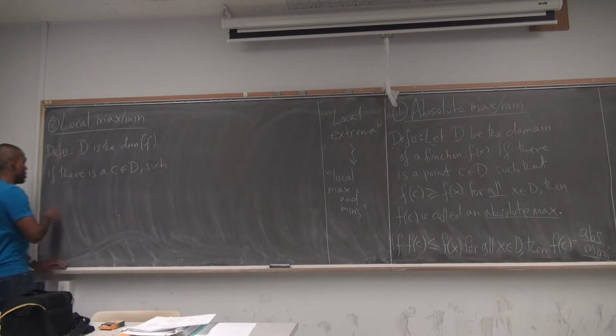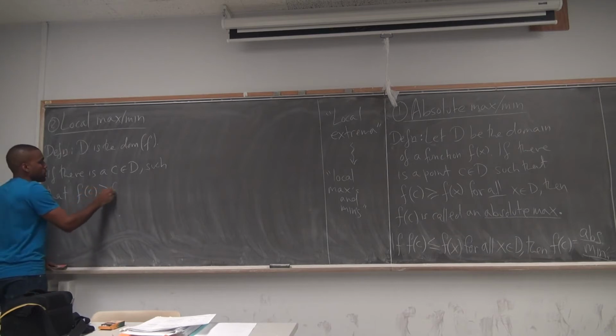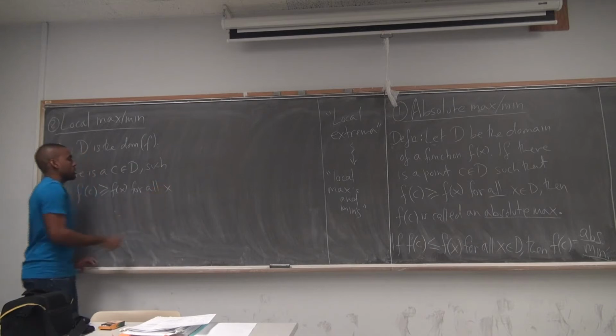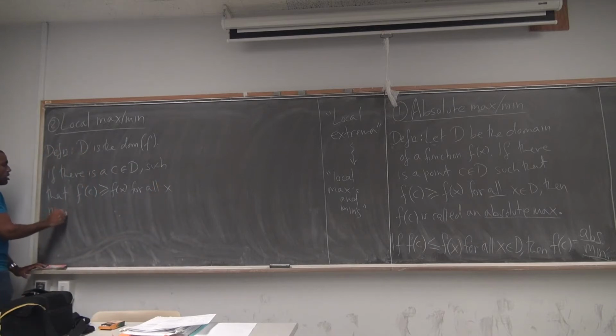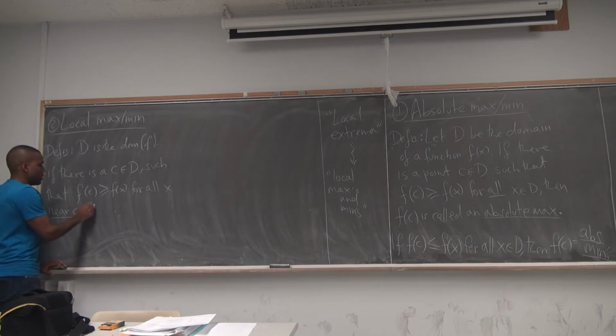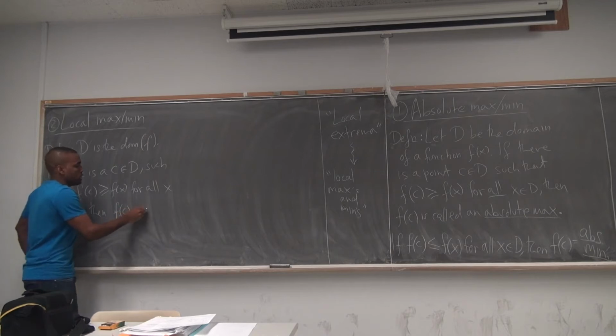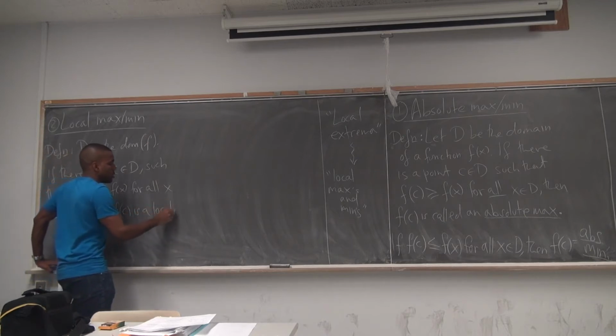then this is the quality that you look for, such that f of c is greater than or equal to f of x for all x near c, then f of c is a local max.